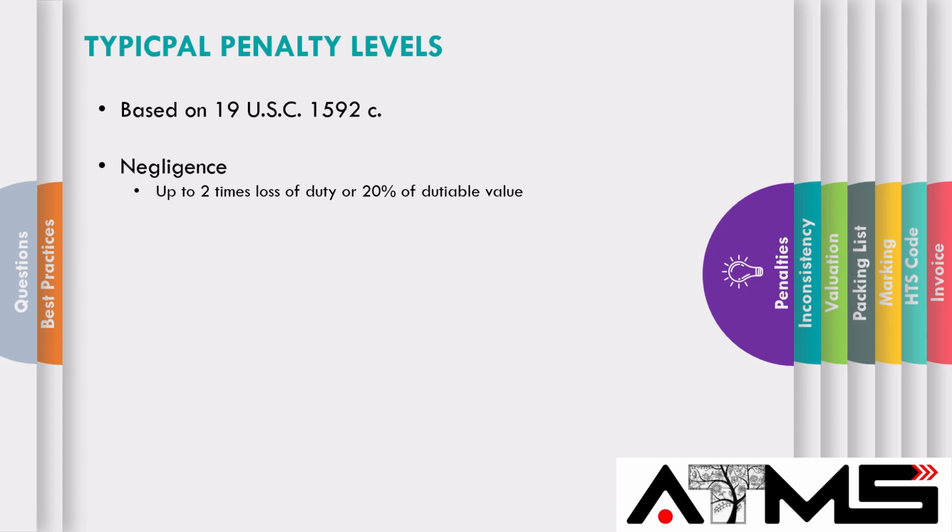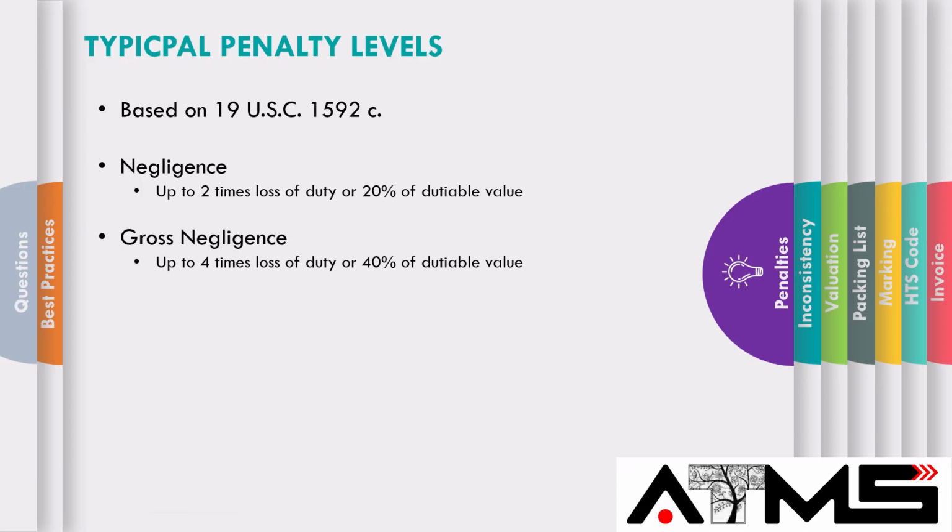Penalty is up to 2 times the duty loss or 20% of dutiable value. For example, if you underpay $1,000 in duty, you could be fined $2,000. Or if the imported goods are worth $20,000, the fine could be $4,000.